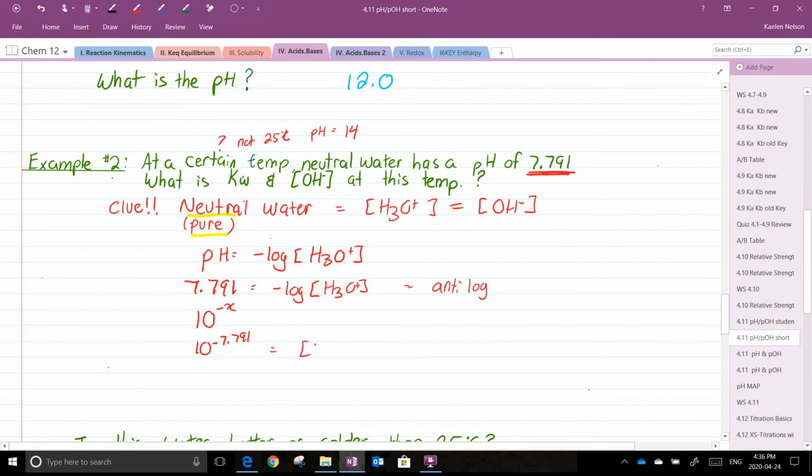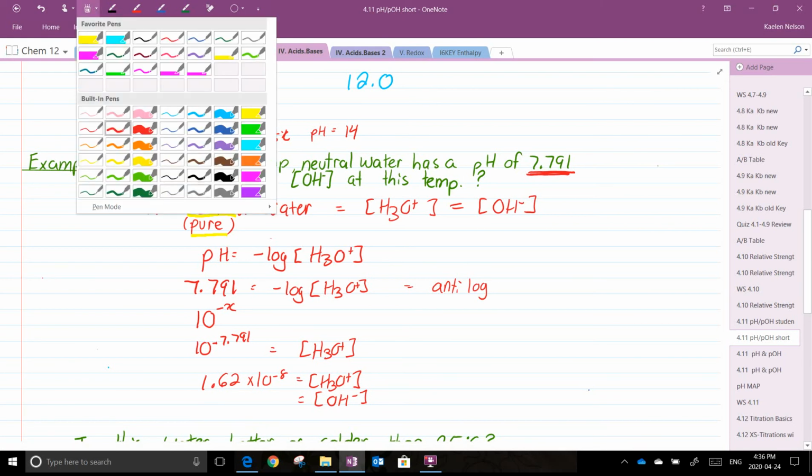And that's going to equal my concentration of H3O plus. So if I work that out, I'm going to get 1.62 times 10 to the negative 8, which is my H3O plus. And it is also going to be my OH minus because we know those are equal because it's pure water.